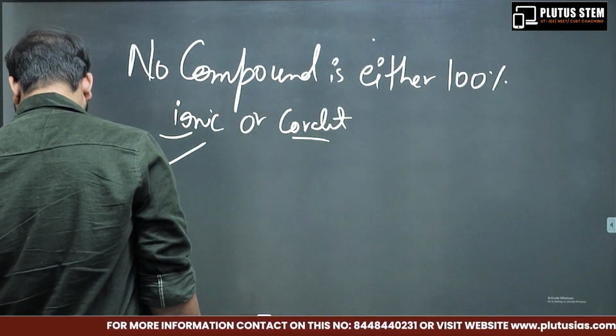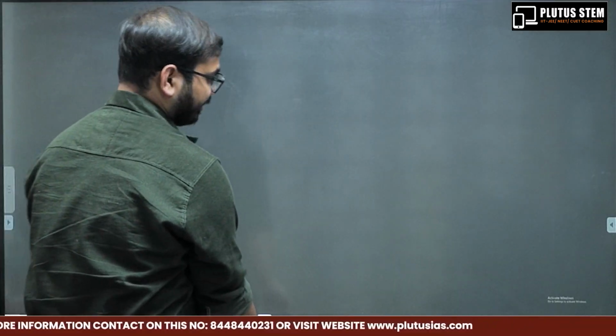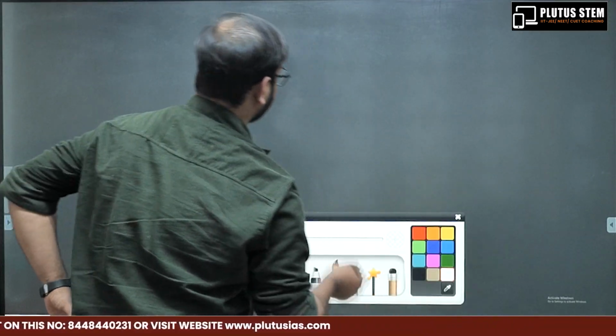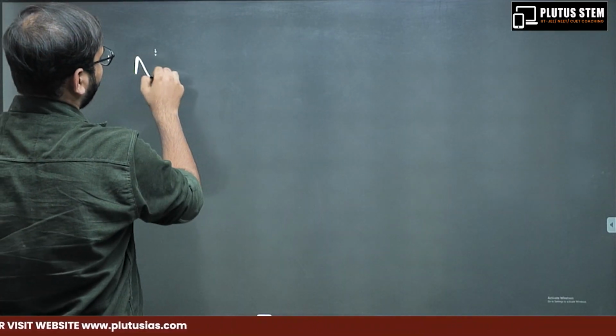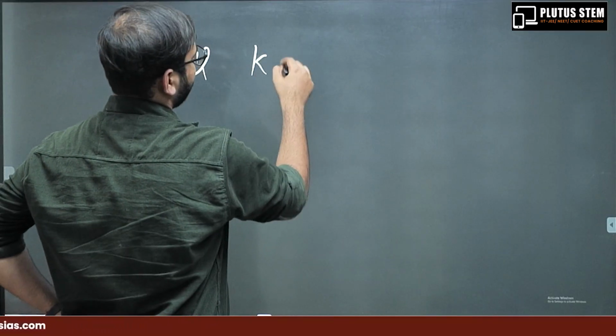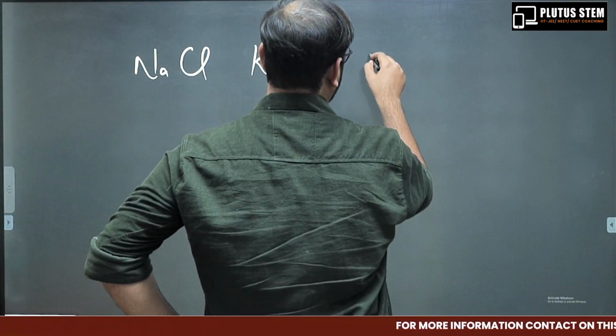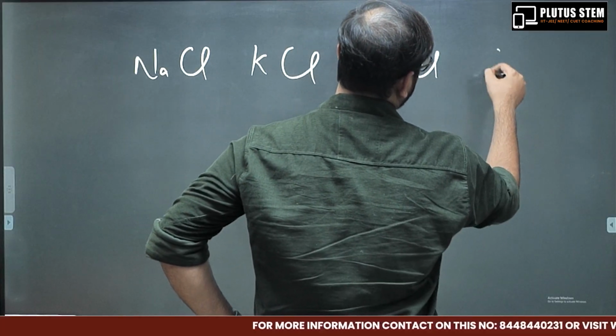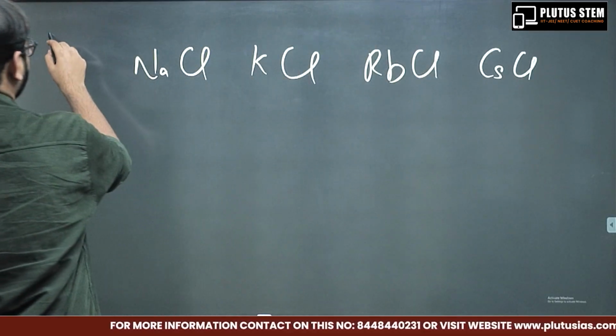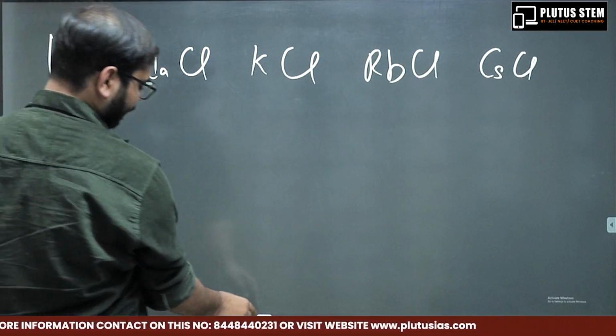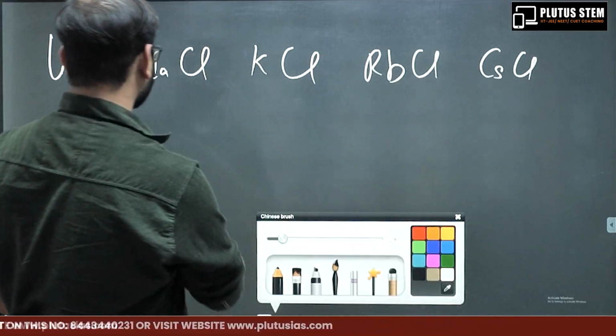So if I talk about different compounds, first thing, the problem is if I have NaCl, KCl, RbCl, CsCl and LiCl, how can you explain this?